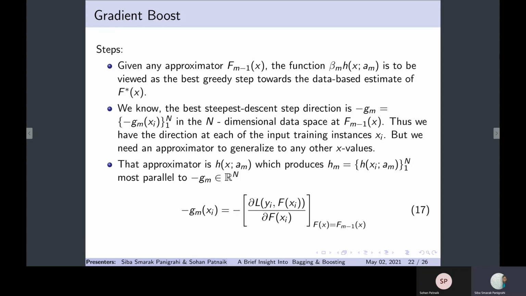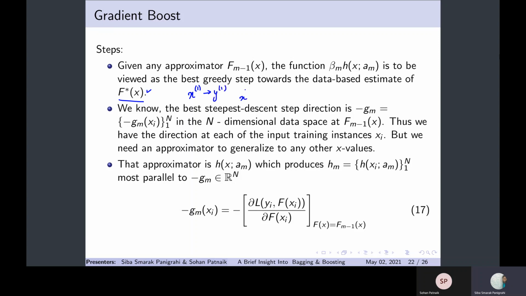Okay, so in gradient boost, the framework remains the same. First, let us see what this f star x is. This is basically a data-based estimate. What does this mean? This is an estimate of the training instances for any x. Now the training instances consist of certain fixed x values. Let's say x1, for it there is a y1.